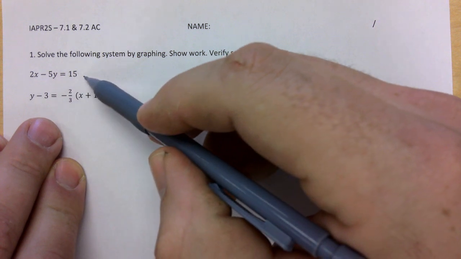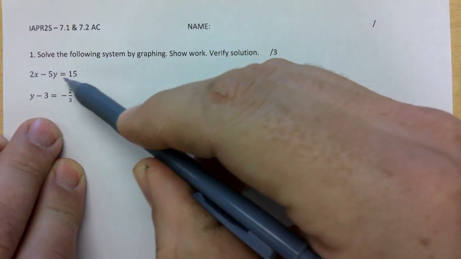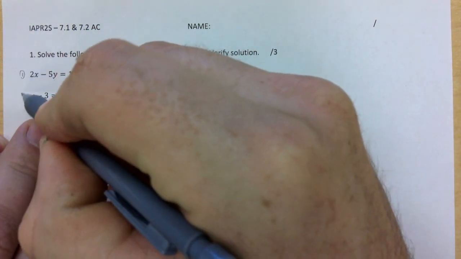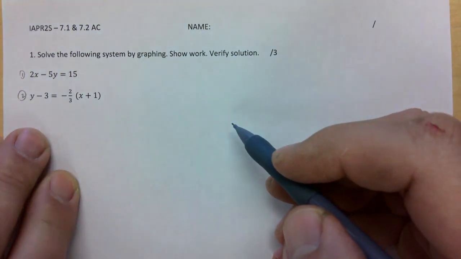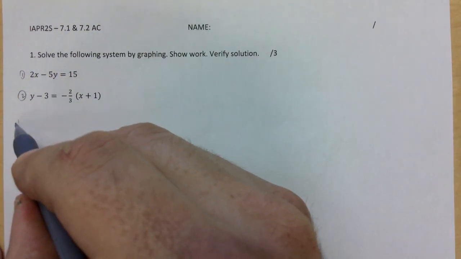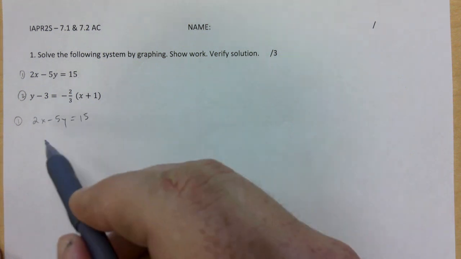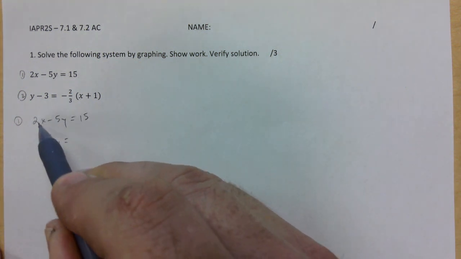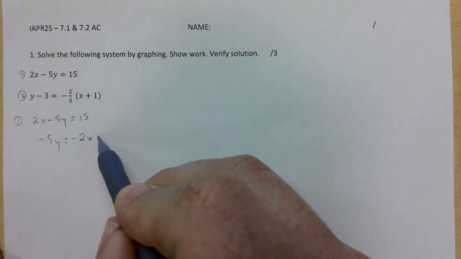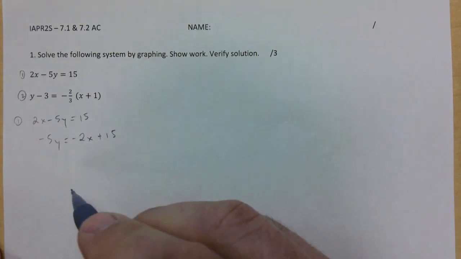If it's in this format, your best bet is probably to rewrite it. So if you want to call that 1 and this 2, then you kind of know where you do your work. I will rewrite it. I bring the 2x over subtracting, and the 15 is already there.